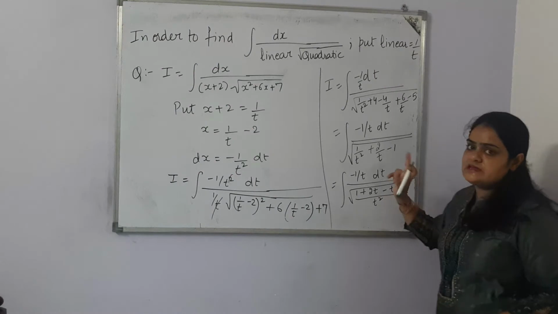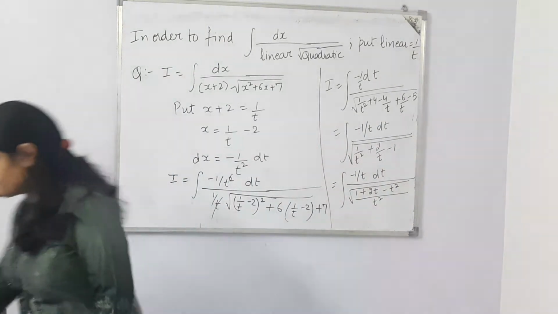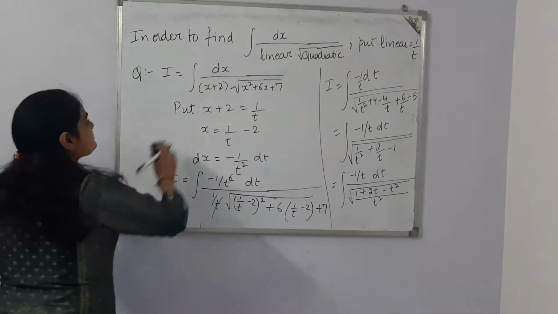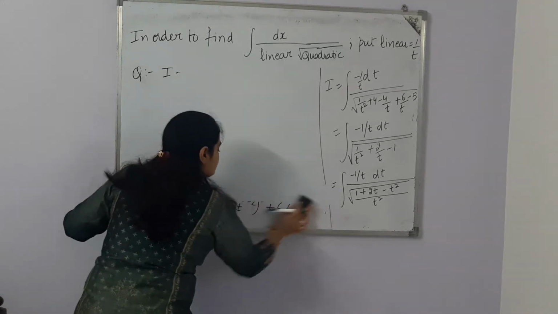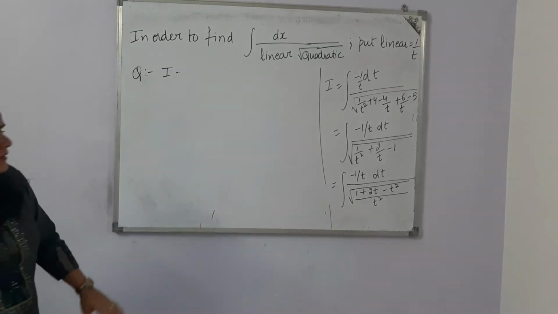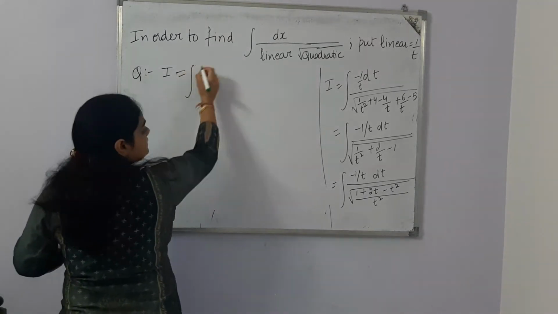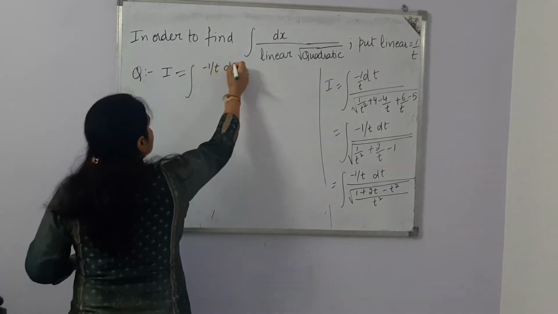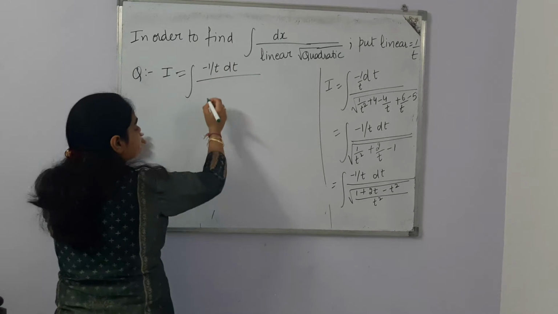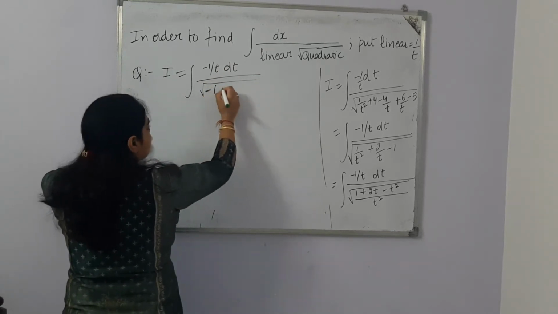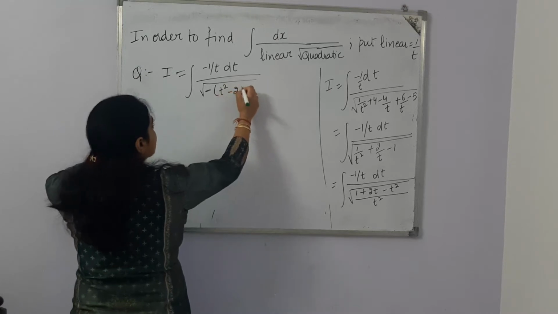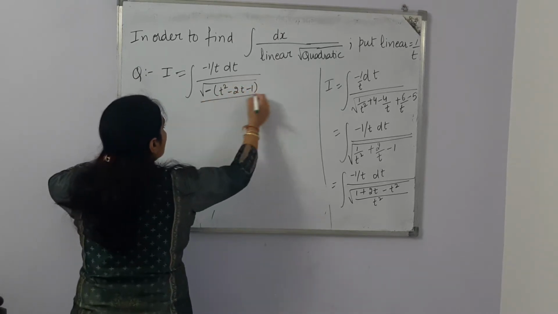Now we'll get t in the denominator. So we'll get minus 1 by t dt whole upon under root, minus, I am taking common, t square minus 2t minus 1 whole upon t.